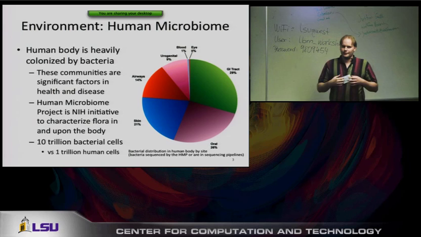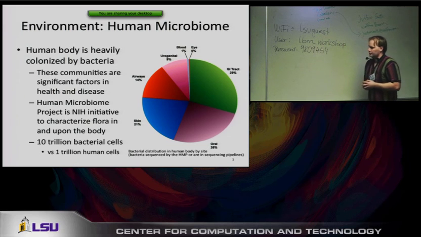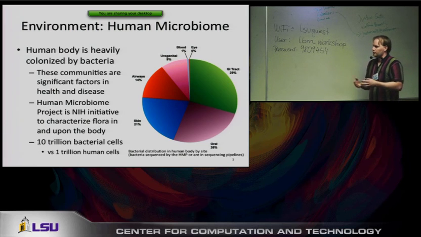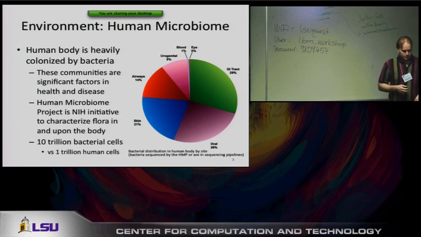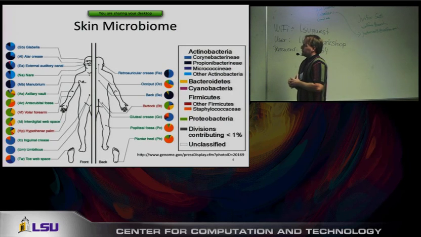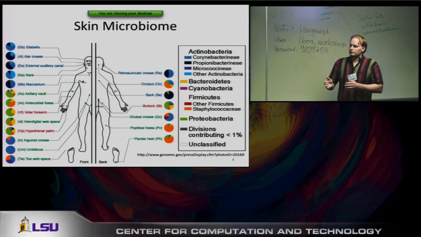And to give you an idea of the magnitude of this problem, there are roughly 10 trillion bacterial cells that live on and within a human body versus 1 trillion human cells that make up the body itself. So one of the things that they looked at was the skin microbiome. They sampled various locations across the body.